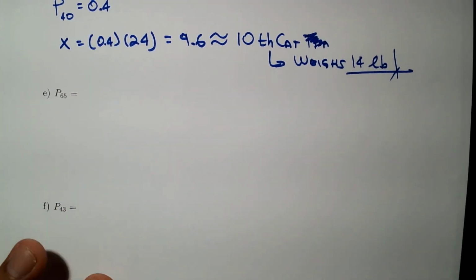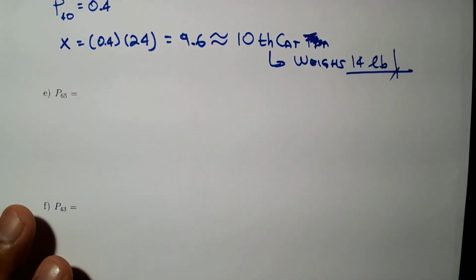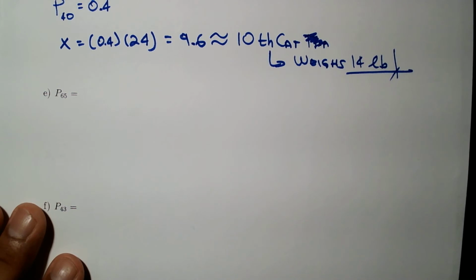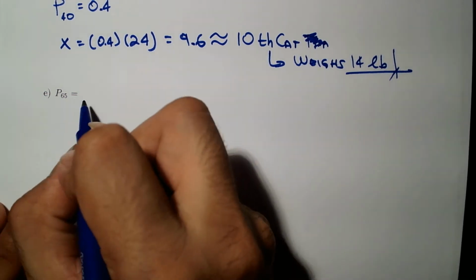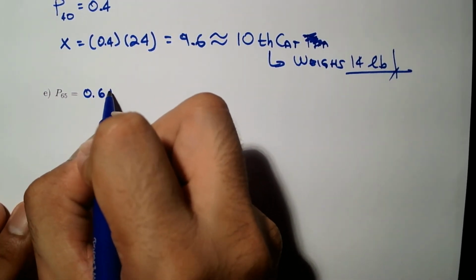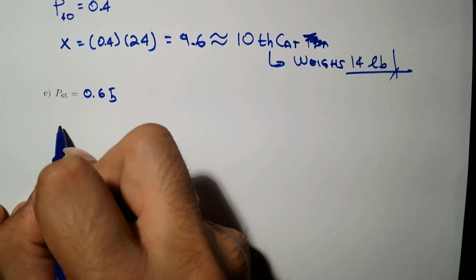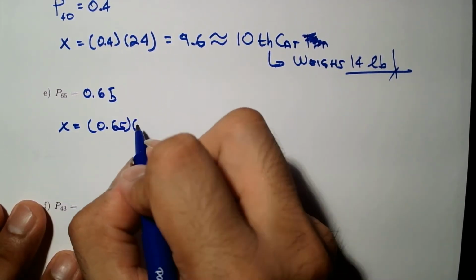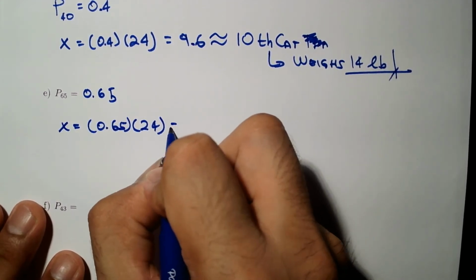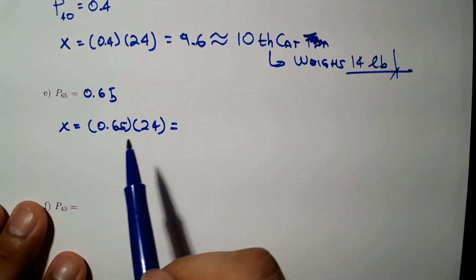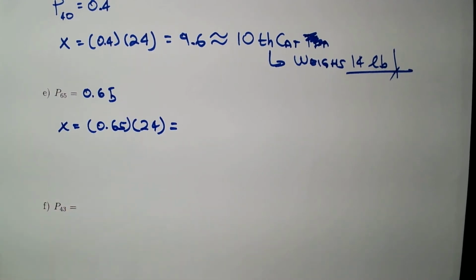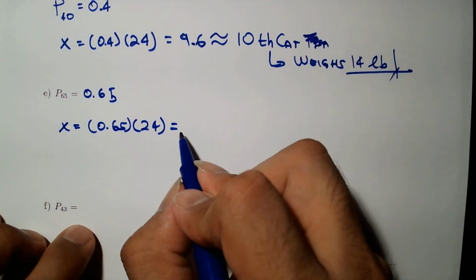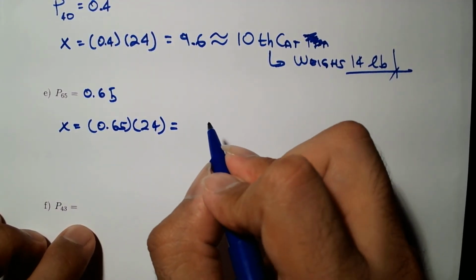We're going to look at the next one, P65. Okay, so P65 is the same as 0.65. So x equals 0.65 times 24, the total number of cats in our data set, and that's going to give us 15.6.